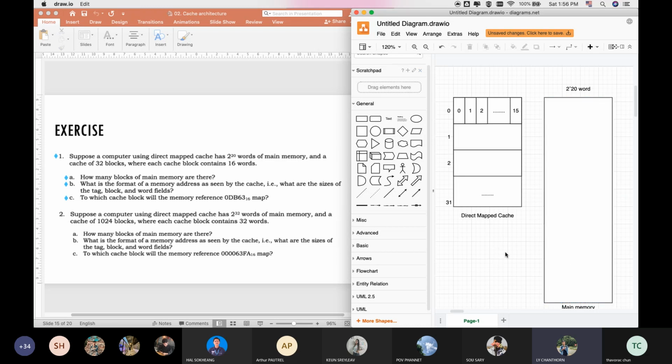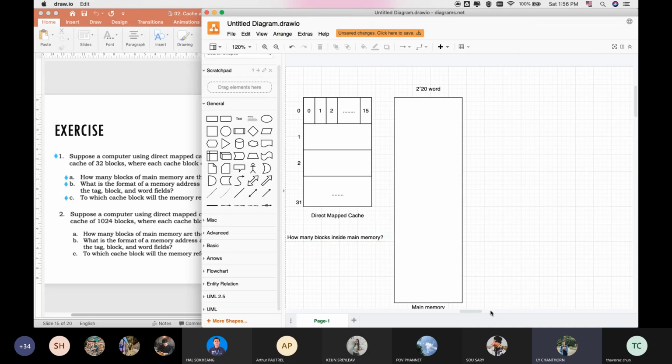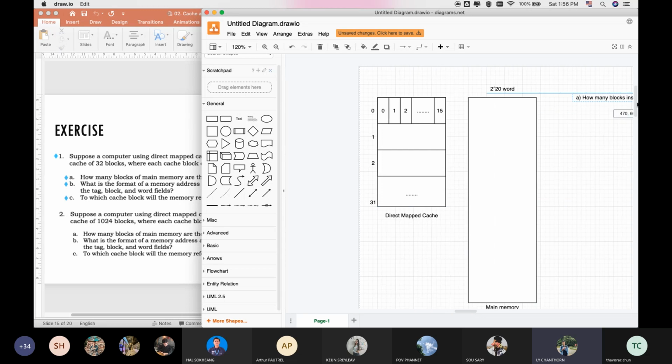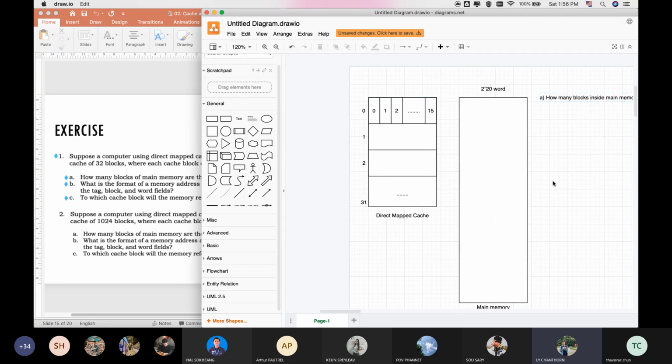Anyone can tell me how many blocks inside this main memory?